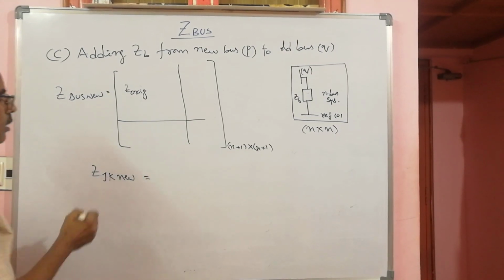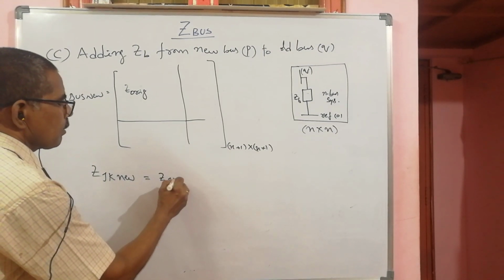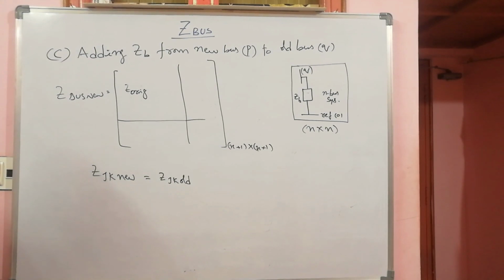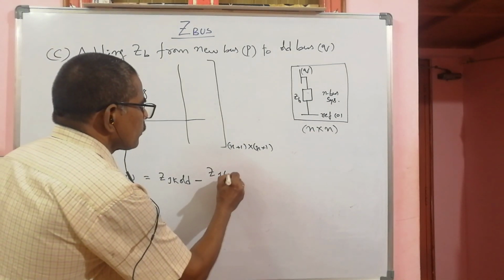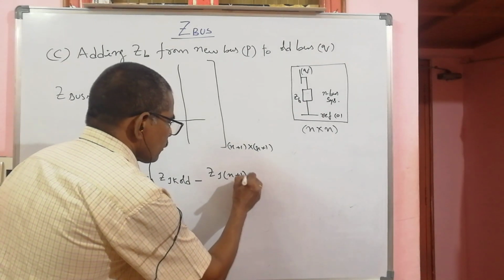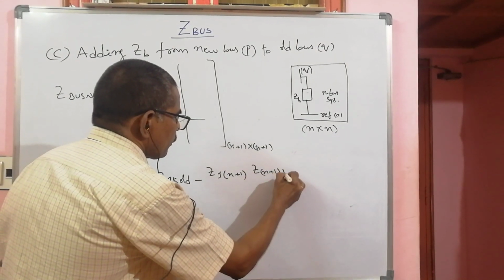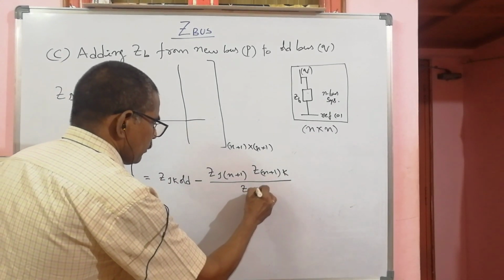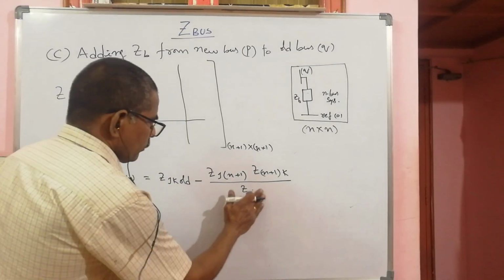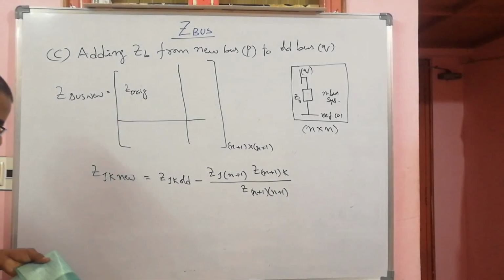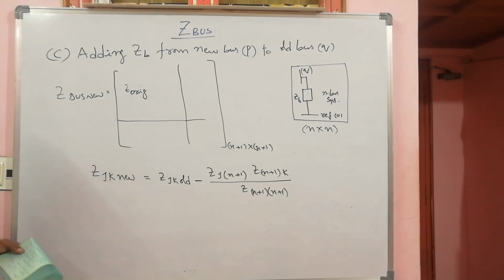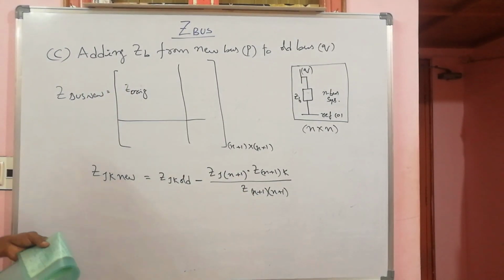Each element is to be modified using this. ZJK new is ZJK old minus ZJ(n+1) product Z(n+1)K divided by Z(n+1)(n+1).